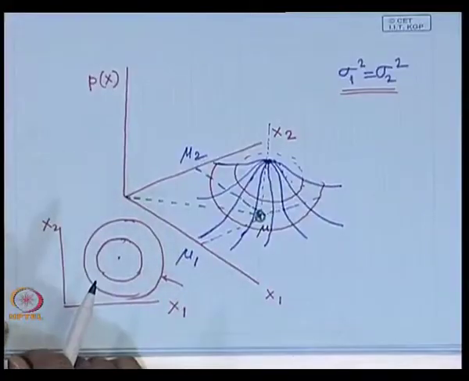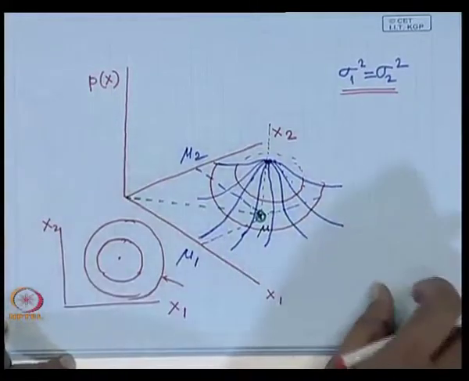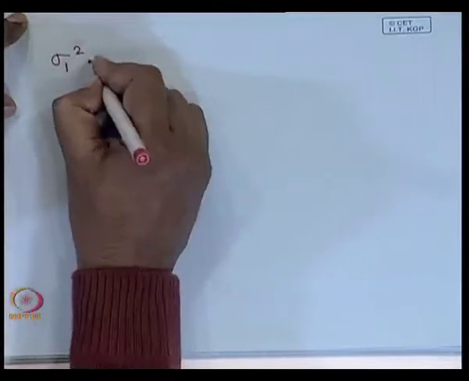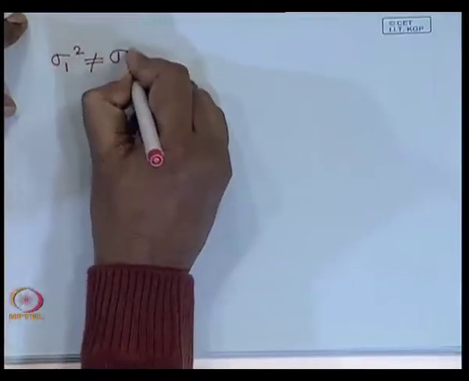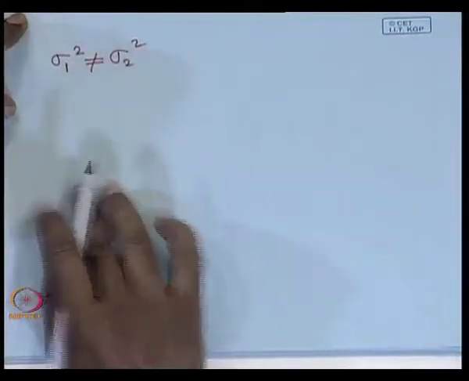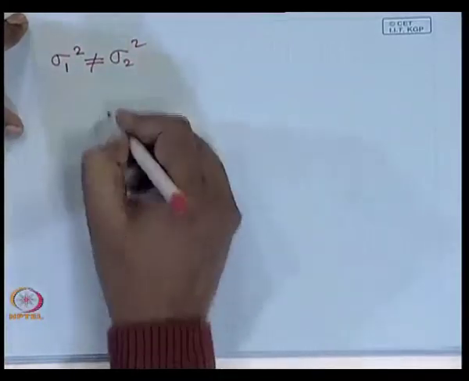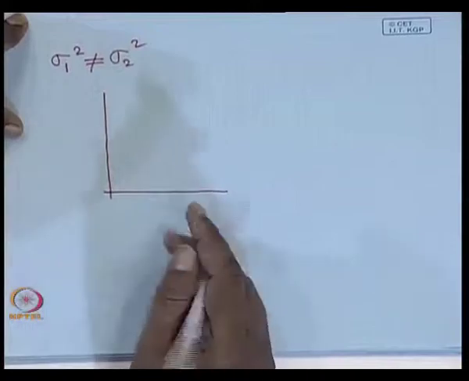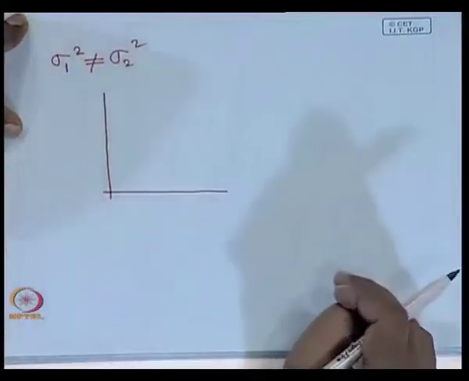In that case, this circle will become an ellipse. So, this circle that I have shown, when sigma 1 square is not equal to sigma 2 square, one will be greater than the other. When sigma 1 square is equal to sigma 2 square, I had the footprints of the loci of points of constant density as circles.